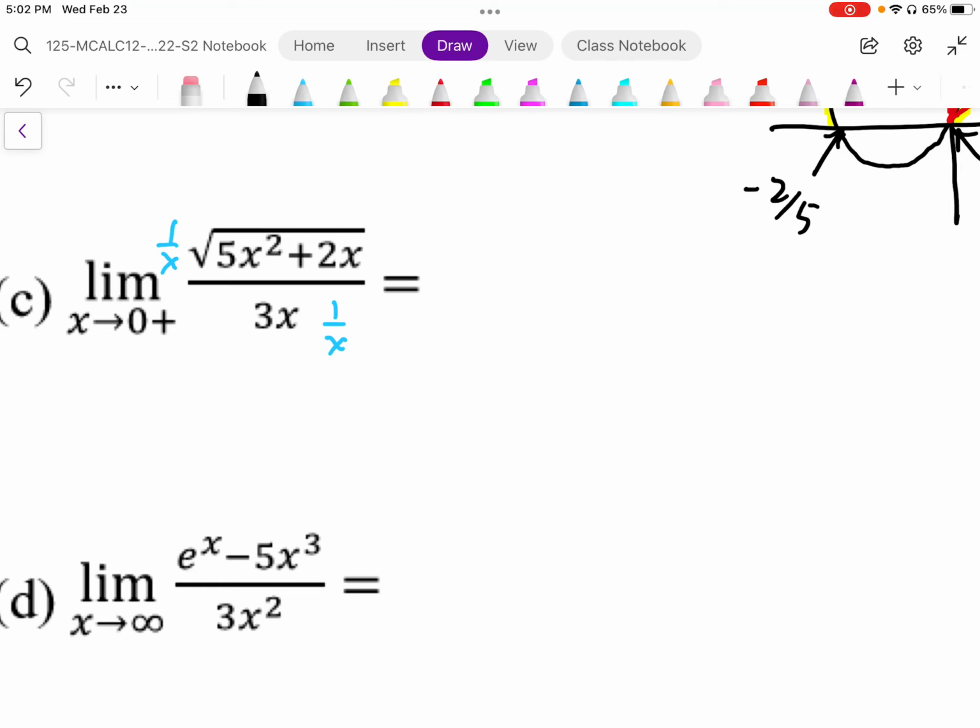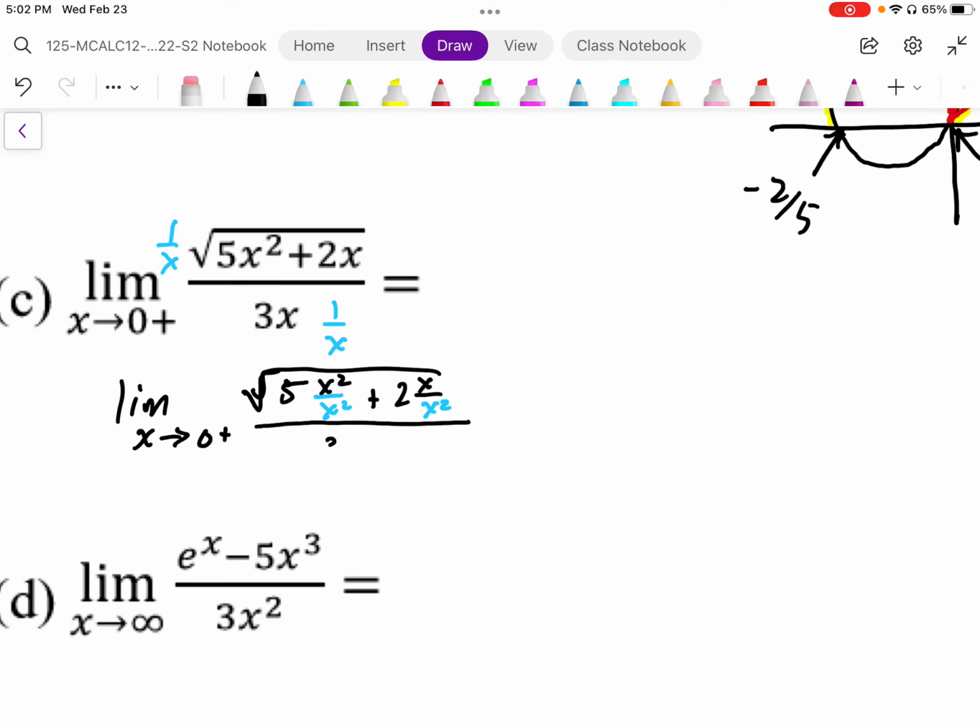So it's going to look like this: the limit as x approaches 0 from the positive side, I'm going to end up with a square root of 5x squared, and that 1 over x inside the root becomes 1 over x squared, plus 2x over x squared, and that's all inside the root. In the denominator, this just becomes 3x over x. Then we simplify this expression.